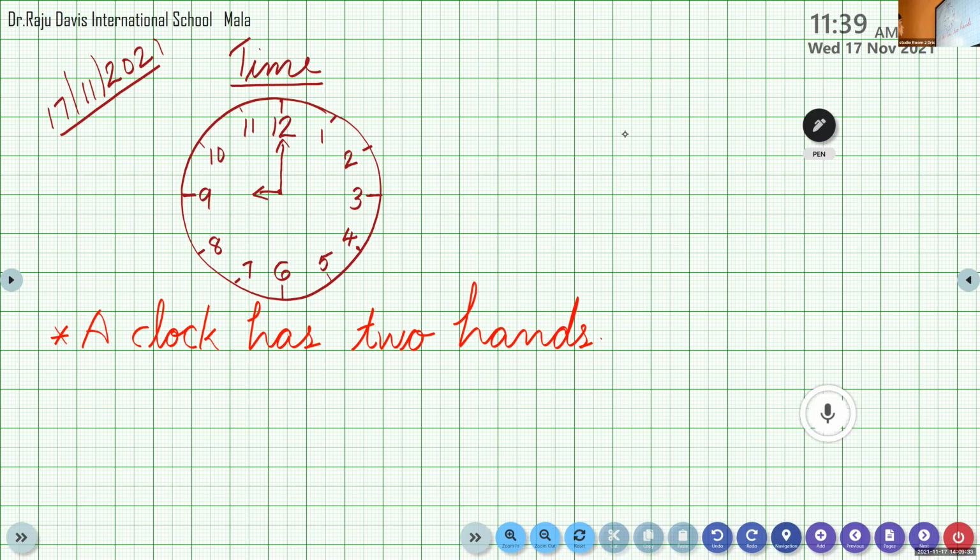The first point is a clock has two hands. And the second point is the short hand. S-H-O-W-S. The short hand shows the hours.